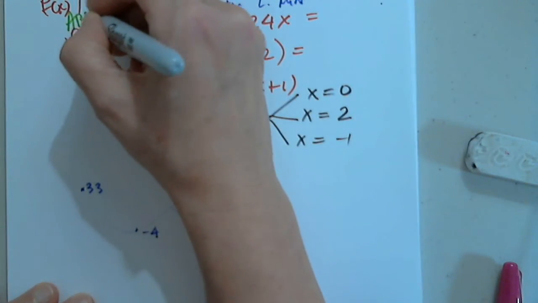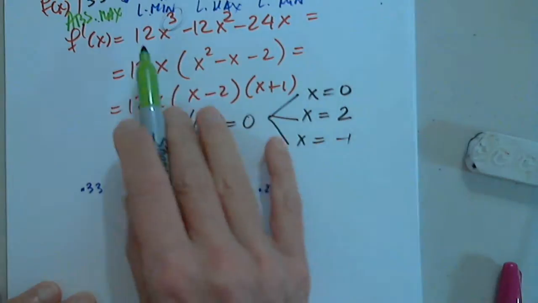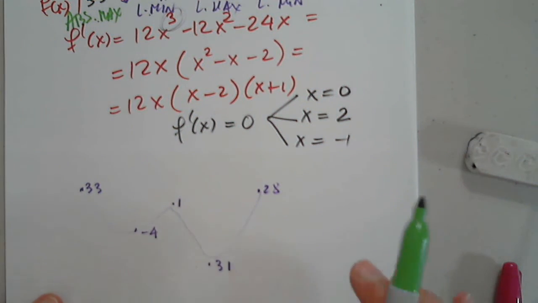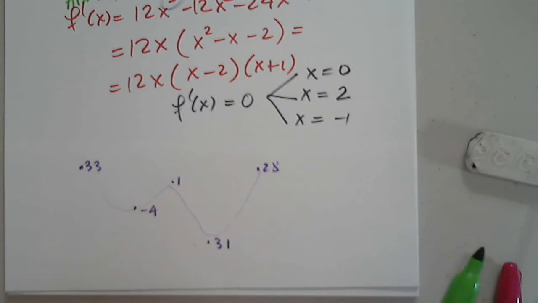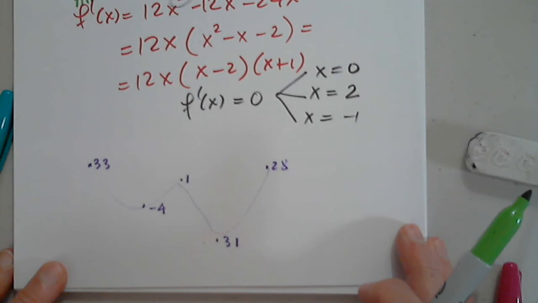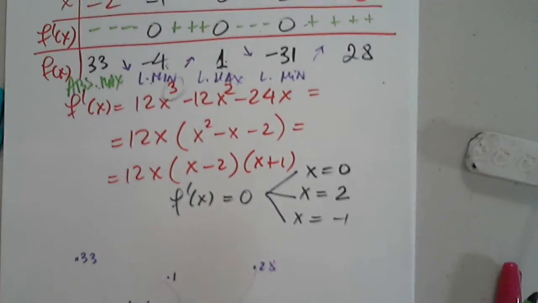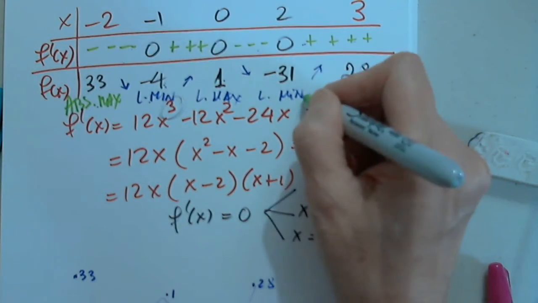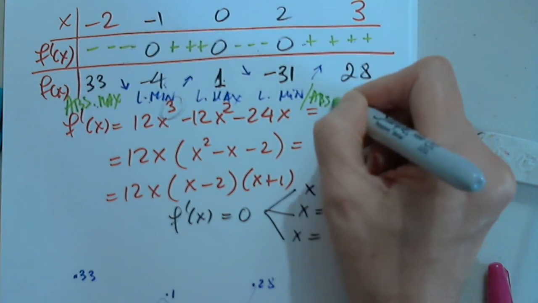Absolutely. So this is an absolute max. We identify these. So now I need an absolute min, if there is one. Negative 31. Very, very good. So this is a local minimum and also an absolute minimum.